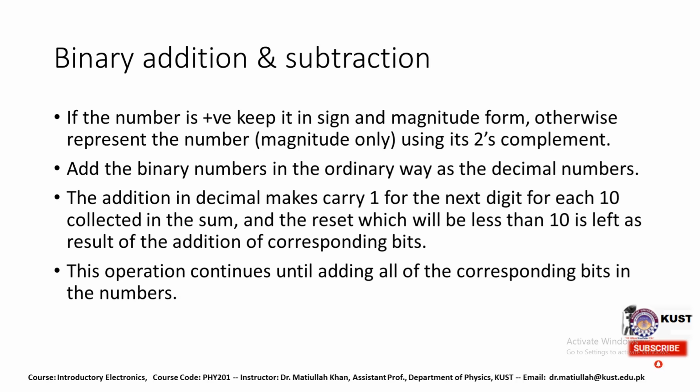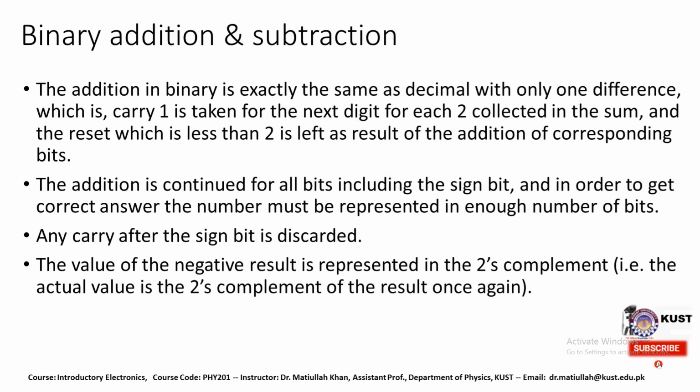The addition in decimal makes a carry of 1 for the next digit for each 10 collected in the sum, and the rest, which will be less than 10, is kept, and then we repeat this operation to get the value.